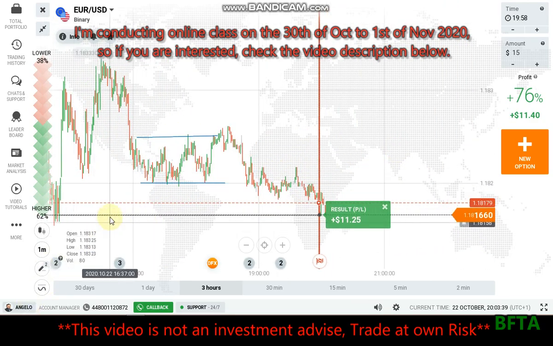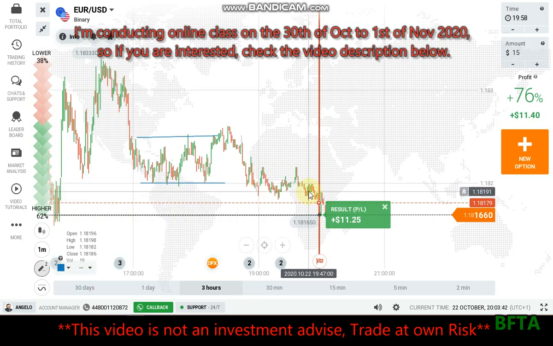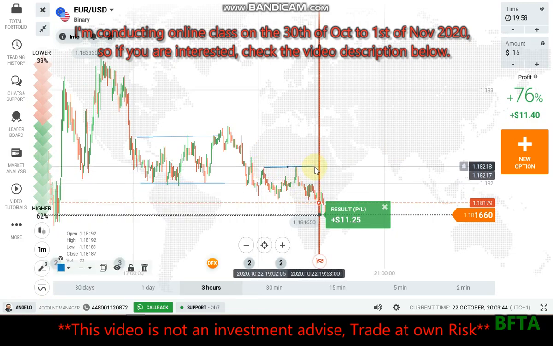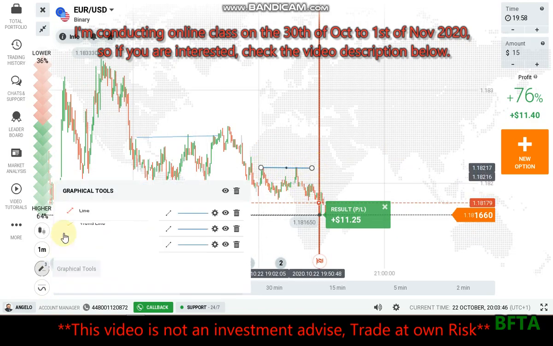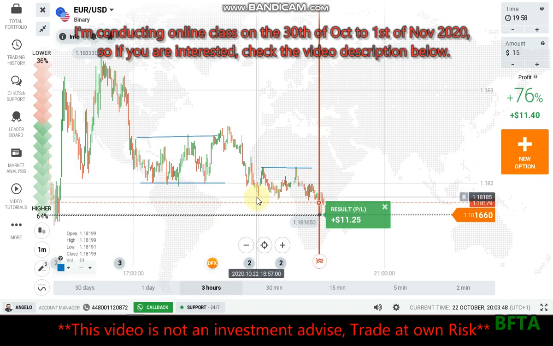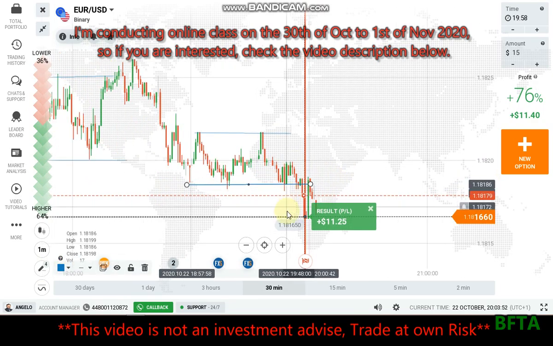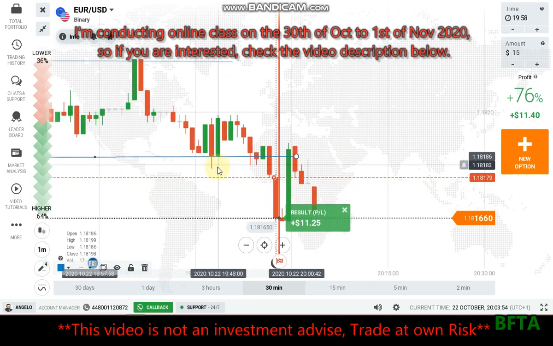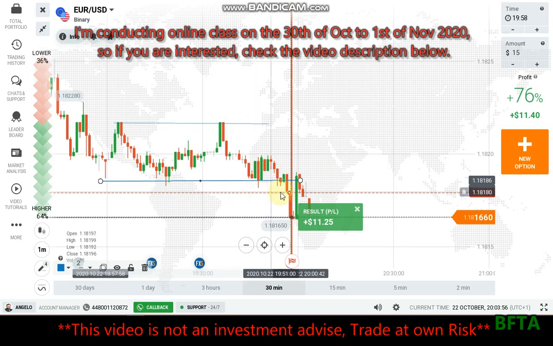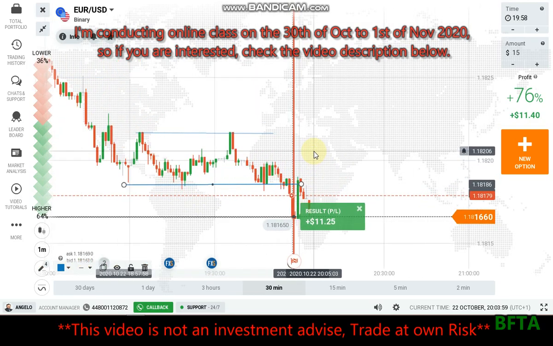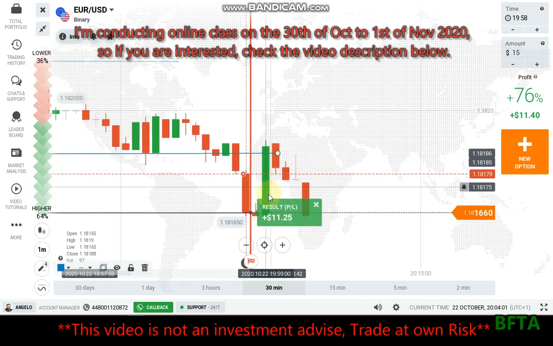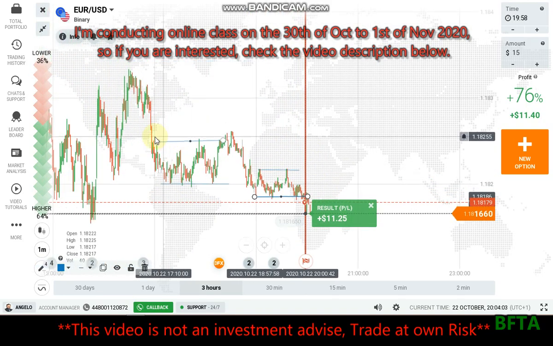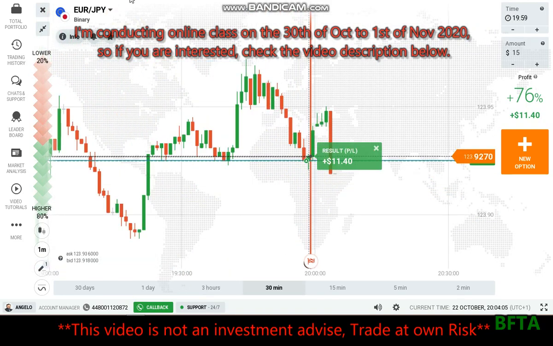Same thing that happened here, a continuation pattern, a pattern that we call a bearish flag pattern. So immediately I spot this pattern, I knew the market is trying to go down, and I know that they've already broken this level, meaning sellers will still go more down for 1 minute. That is why I place put option. So this is a bearish flag pattern.